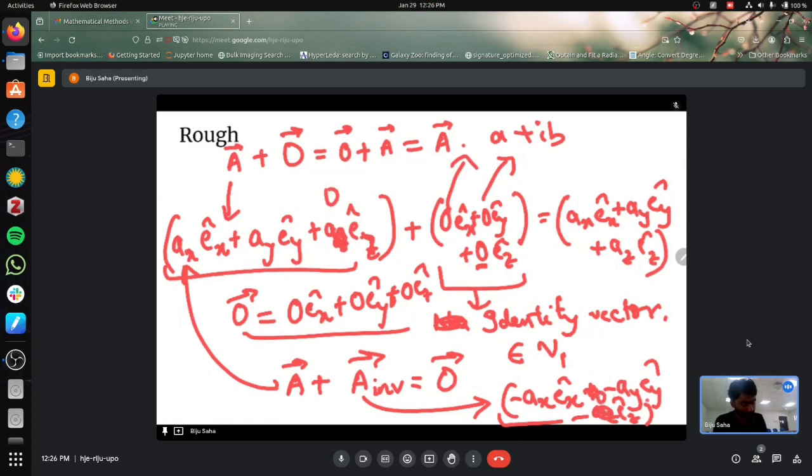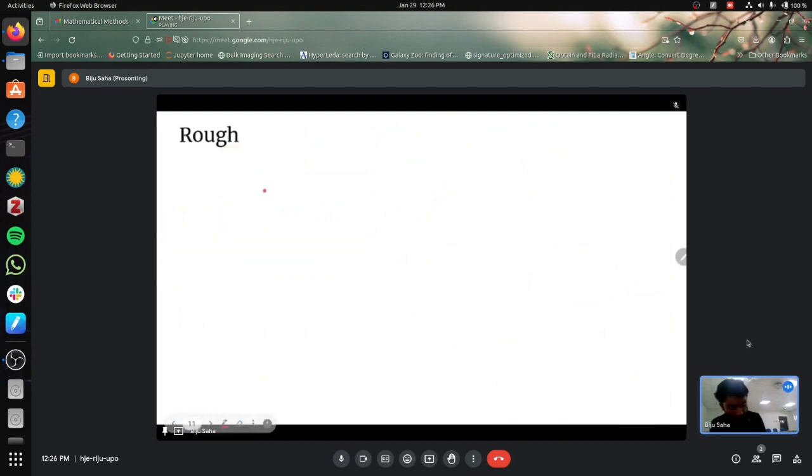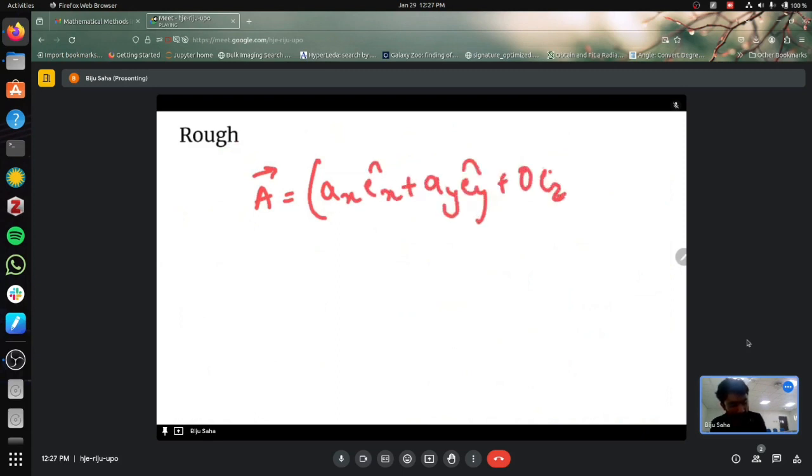So this additive inverse is again a member of V1. So for any vector belonging to V1, there exists an inverse which has been given by this.